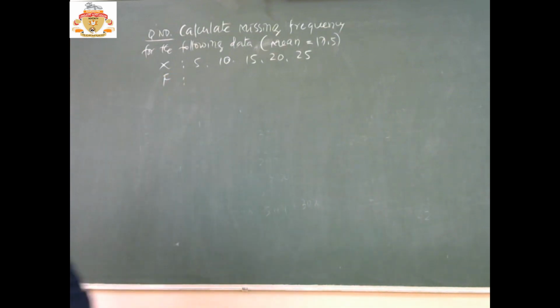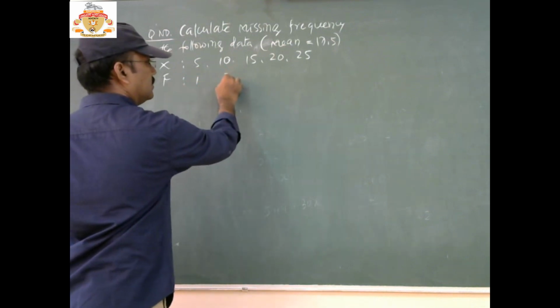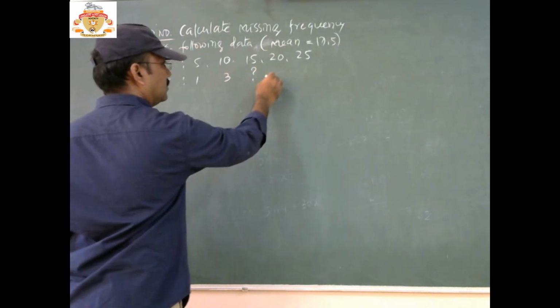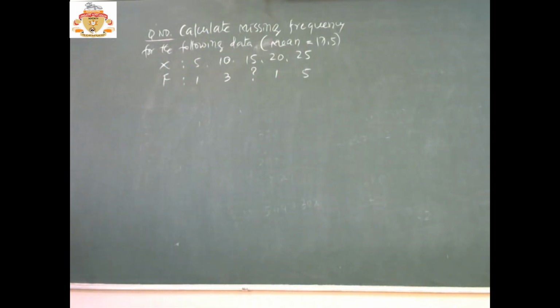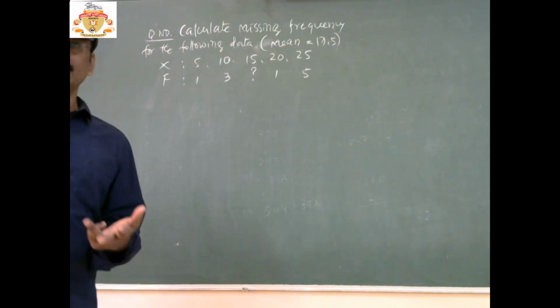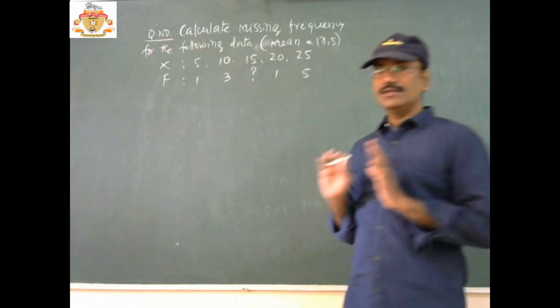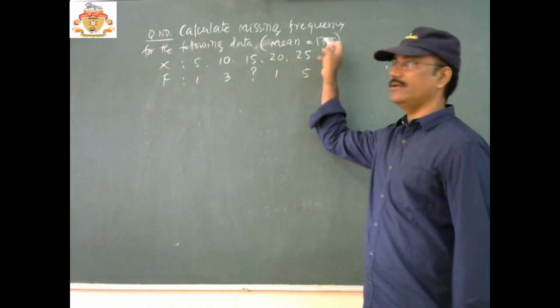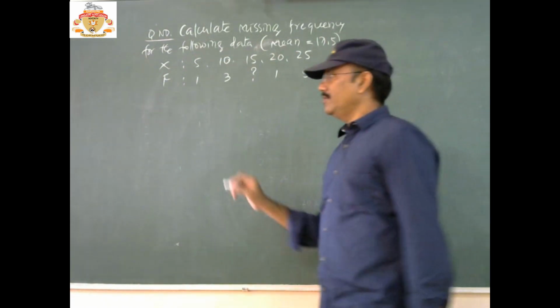The first frequency is 1, next is 3, next is the question mark, next is 1, last is 5. So the third variable's frequency is missing. Then you need to find it by using the mean formula, because what they have given here is the mean, 17.5.